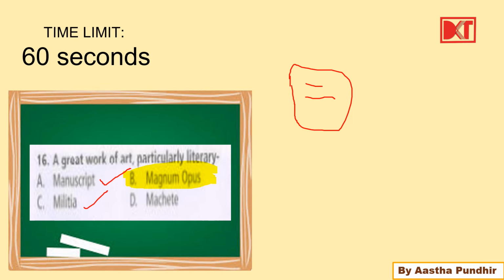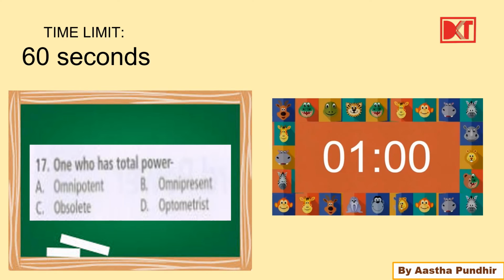Militia, we can say it refers to some sort of a military force. ठीक है, जो हम population से आती है to join the military, to support some cause, to fight and support the army. All right, and then the other one is what? Machete. Now, machete is a sort of a knife, a weapon, you can say. All right.